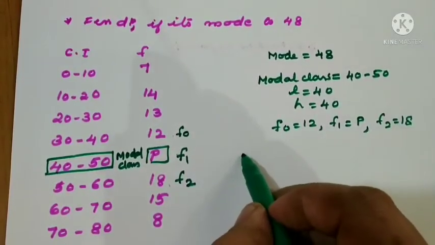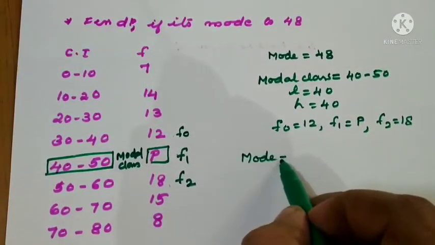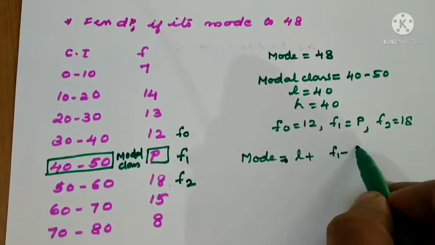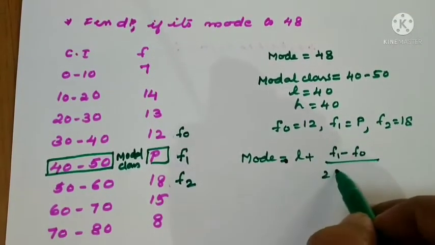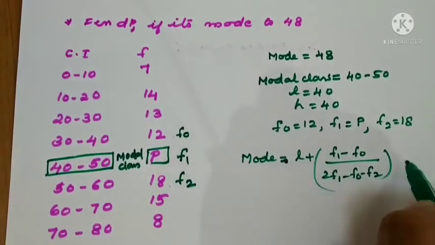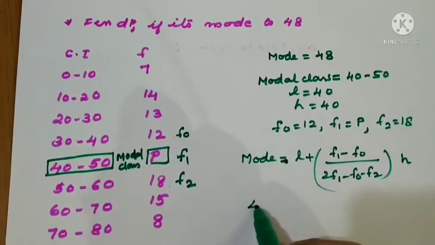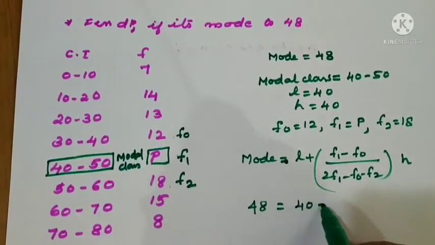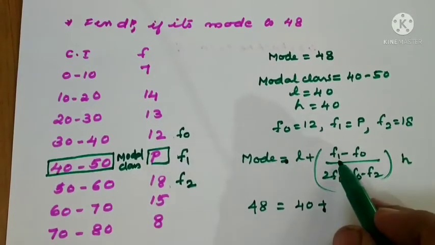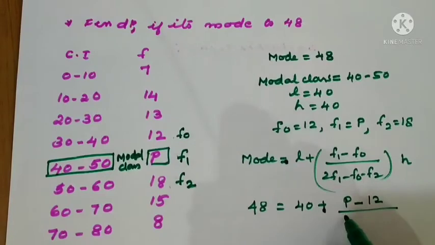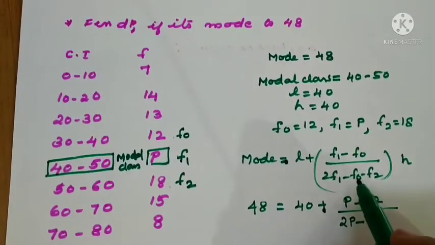Now mode formula: L plus F1 minus F0 by 2F1 minus F0 minus F2 into H. What is mode? Mode equal to 48. What is the lower limit? 40 plus F1, that is P minus 12, divided by 2P minus F0.